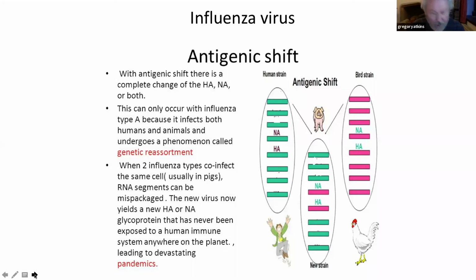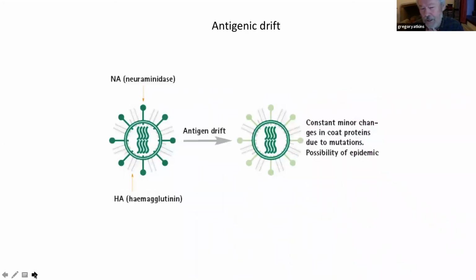All right, so that's not the only thing that flu can do, because we all know that every year the flu virus changes. We have to have a different vaccine every year because the flu strains from the previous year are not infecting us anymore. New strains have arisen. And this is a gradual process.